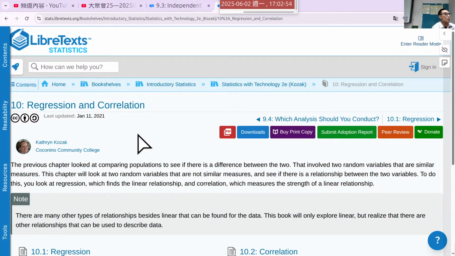For example, if you want to know the correlation of body weight and blood pressure, are there any correlations between body weight and blood pressure?